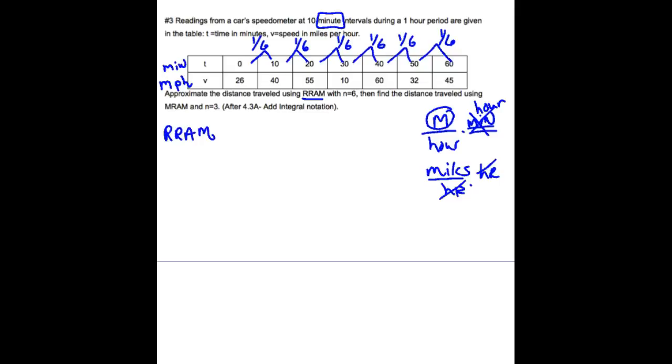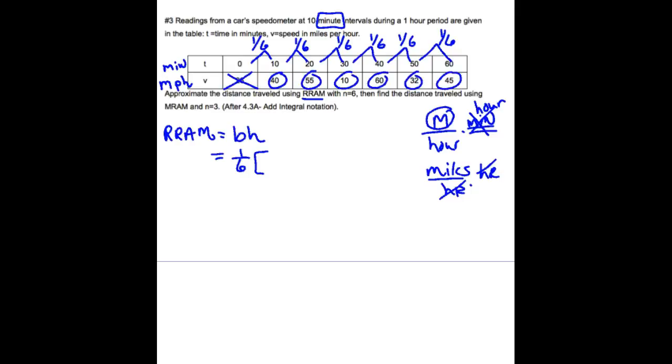Let's go take a look at what that would look like. So for a right rectangular approximation method, I'm going to do my bases times my height. All my bases will be my change in the t-axis, which is 1/6, and it's consistent, so I can factor it out. It's really 1/6 times all the right sides.